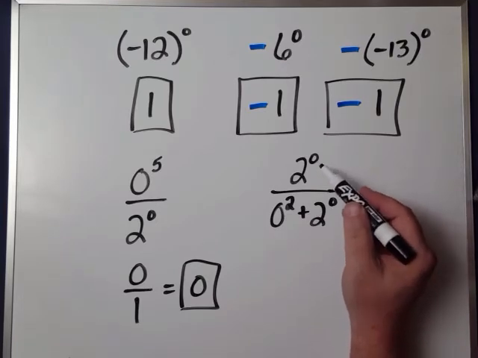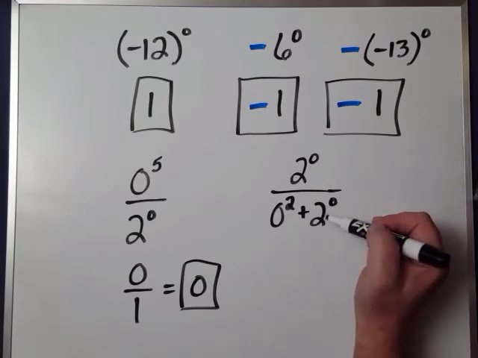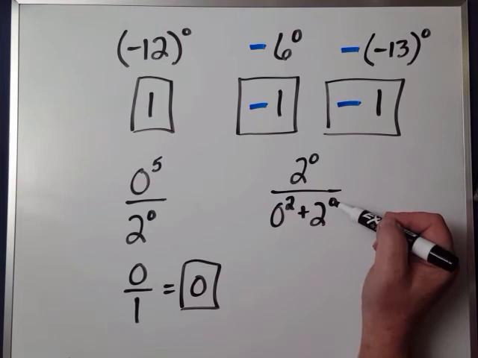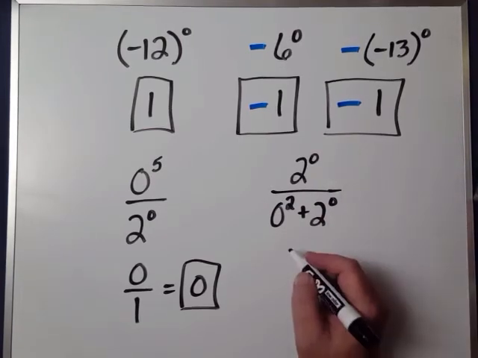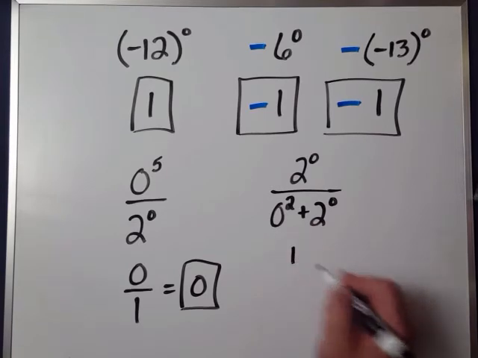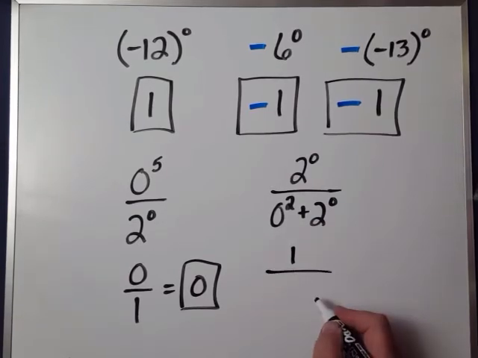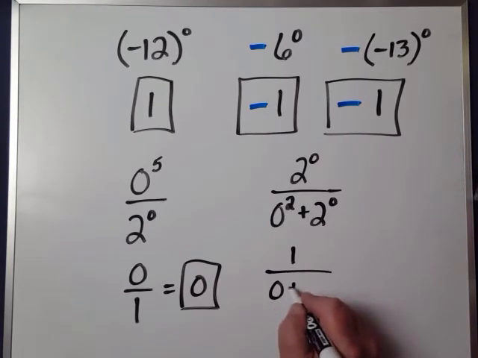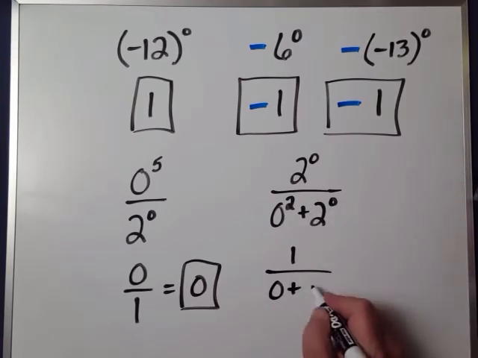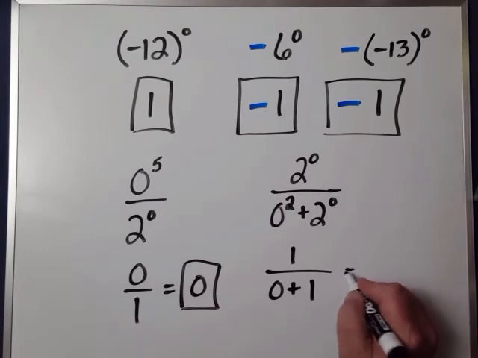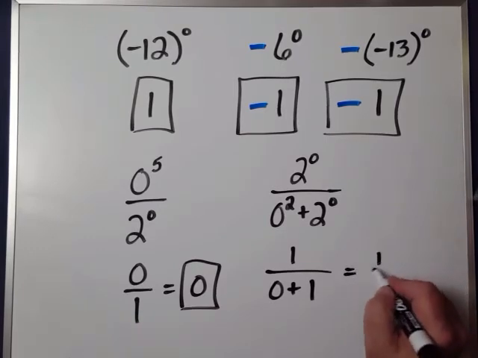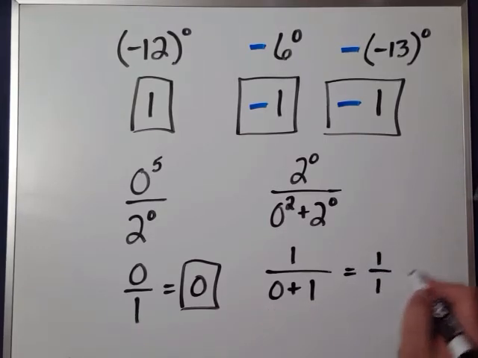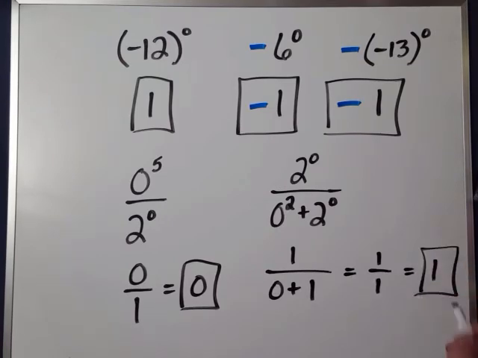When we have the top simplified and the bottom simplified, the last thing we'll do is perform the division indicated by this fraction bar. Working in the top, the only thing to do is 2 to the 0, which is 1. In the bottom, we'll take care of our powers. 0 squared is 0 plus 2 to the 0 is 1. You see where this is going. This will be 1 over 1, which is 1.